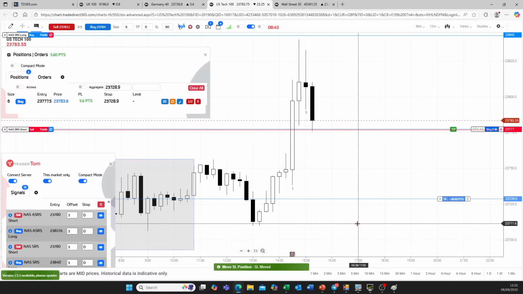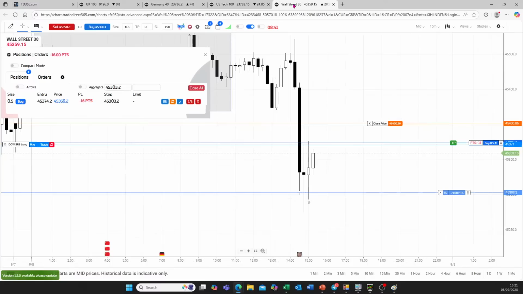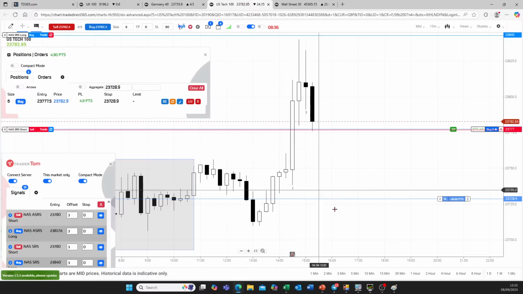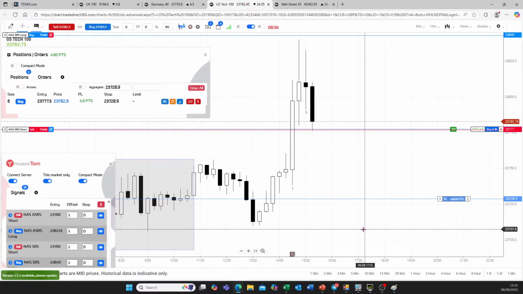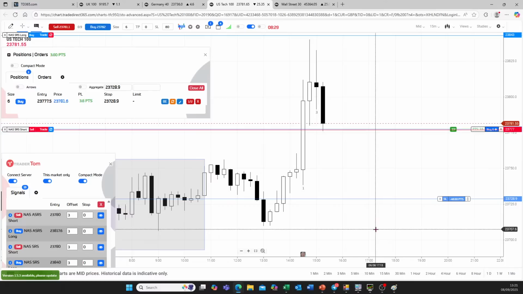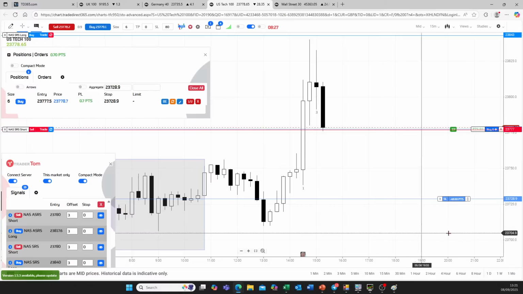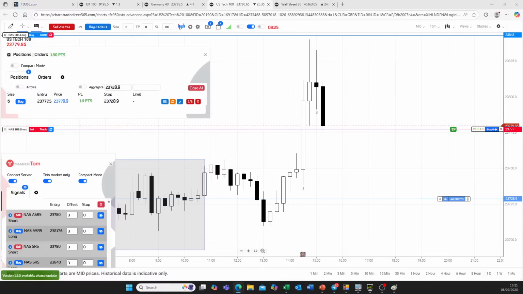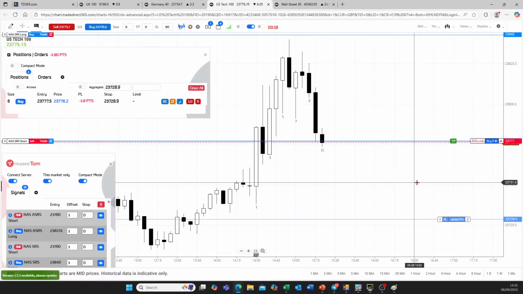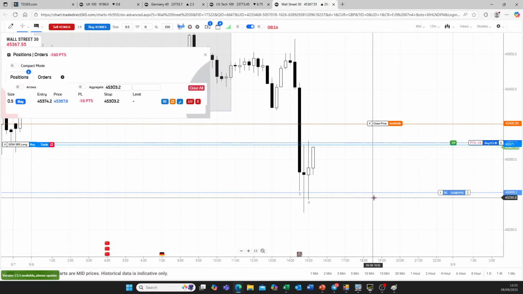Move my stop loss to 28. Stand by on the Dow for a long position.